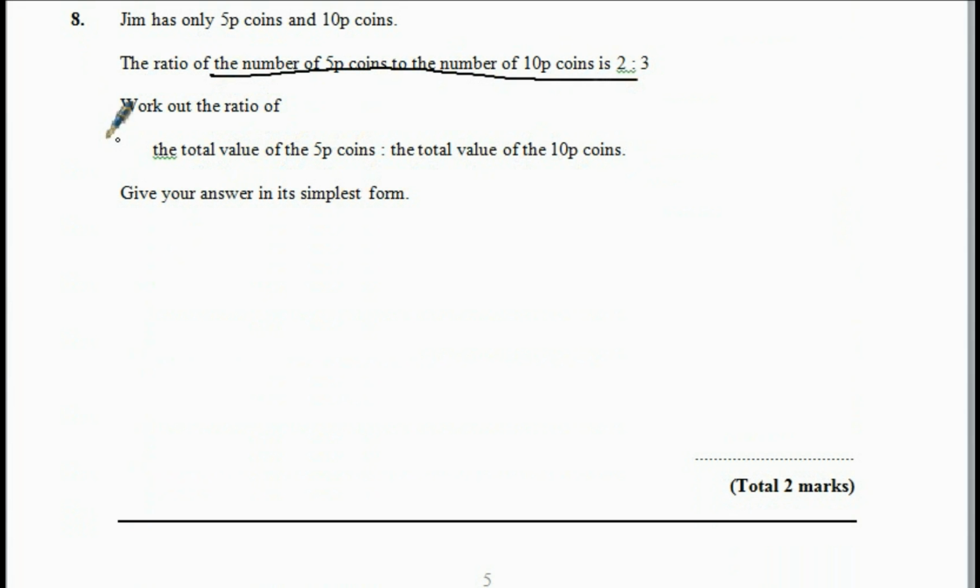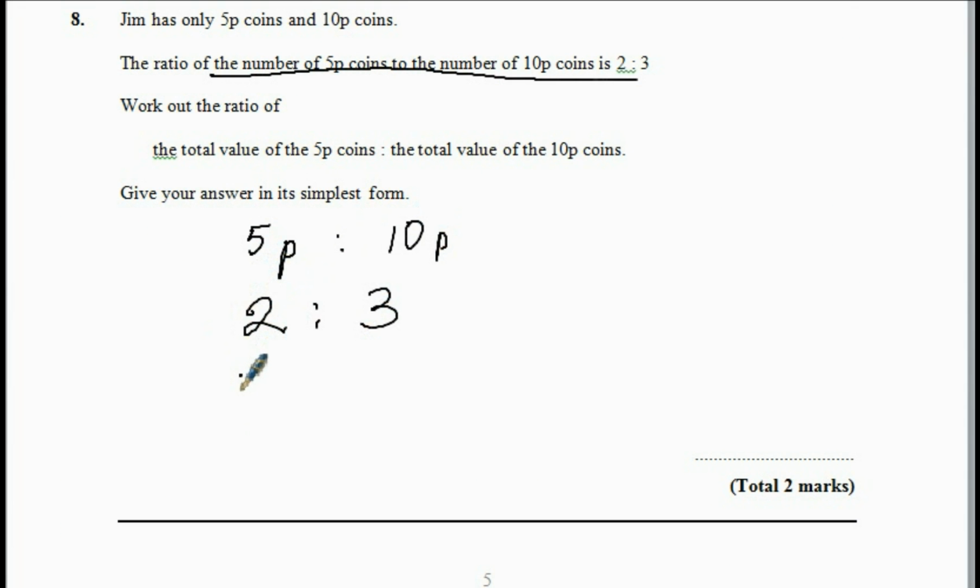So look, if the ratio of 5p coins to 10p coins is 2 to 3, then the value of the 5p coins would be 2 parts. Each part is worth 5p, right?